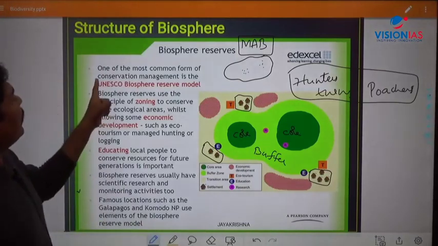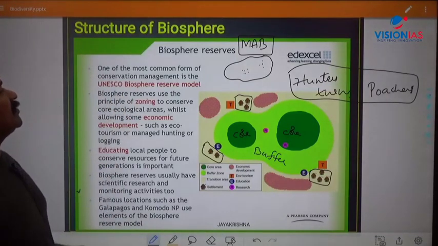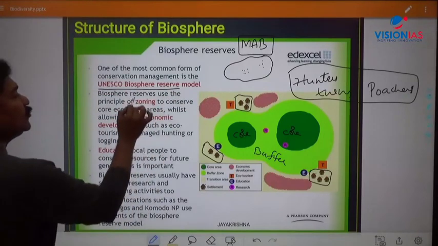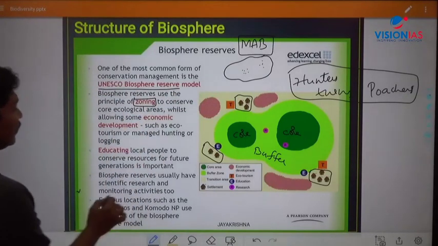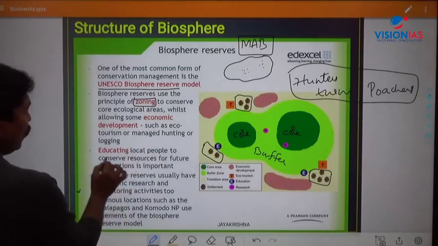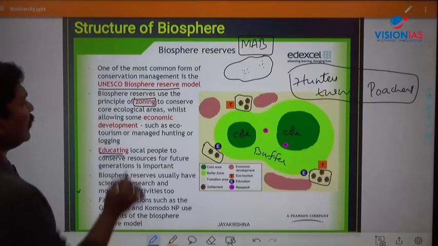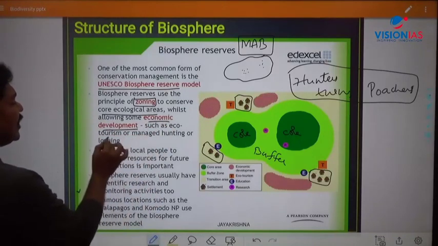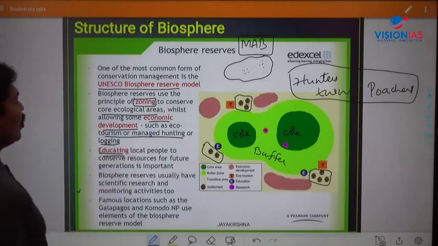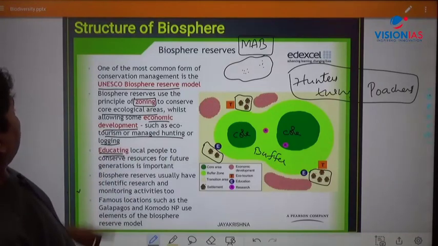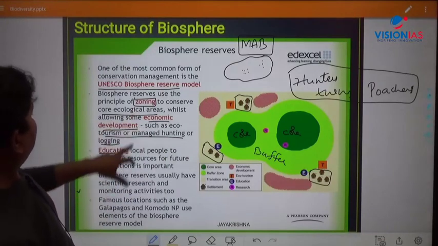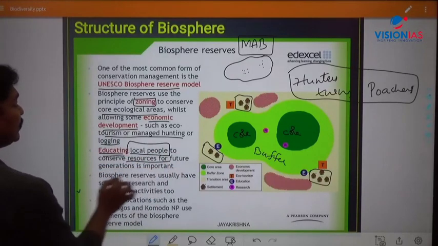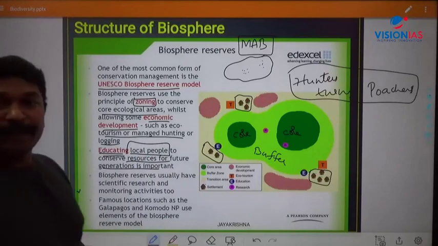Now see here, one of the most common forms of conservation management is the UNESCO's Biosphere Reserve model, where the zoning is done in such a way that in the core area only a few core ecological areas are reserved, while economic development such as ecotourism and managing hunting or logging is kept elsewhere. Then educating local people to conserve the resources for future generations is important.